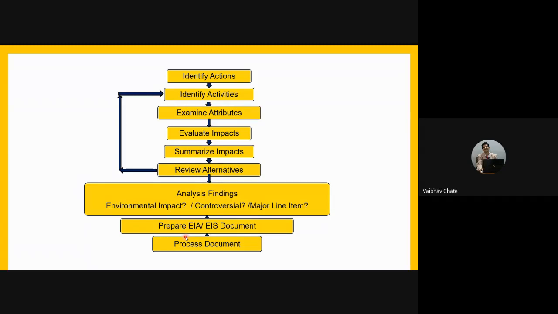So before the construction activity starts, we need to have the environmental clearance approved by the Department of Environment. This is the step-by-step procedure for conducting EIA.